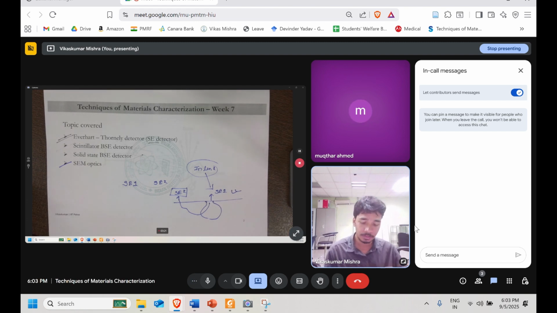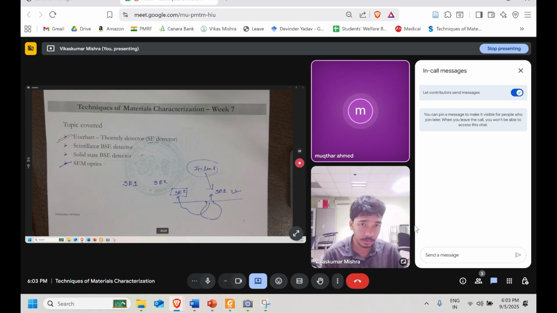Yeah. But when the question comes like inline detector for SE1, SE2, or SE1 and SE2 both, which is the right answer? Because it works for SE2 also. I believe slightly it works.